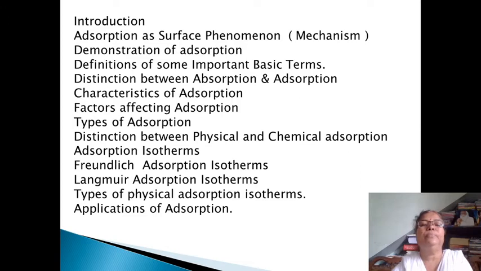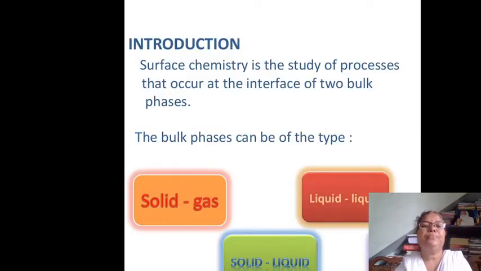So, the introduction of surface chemistry. Surface chemistry is the study of surfaces that occur at the interface of two bulk phases. And here the bulk phases can be of the following types: solid-gas phase, liquid-liquid phase, solid-liquid phase, and liquid-gas phase.